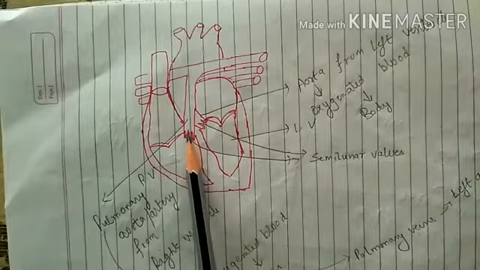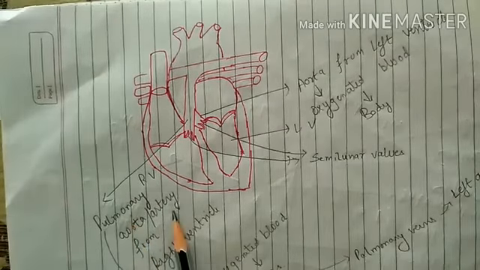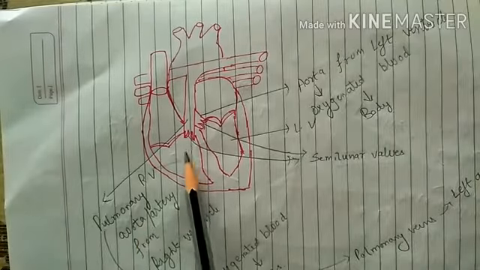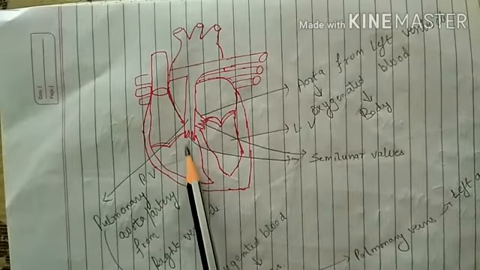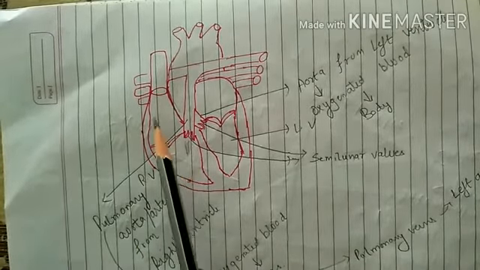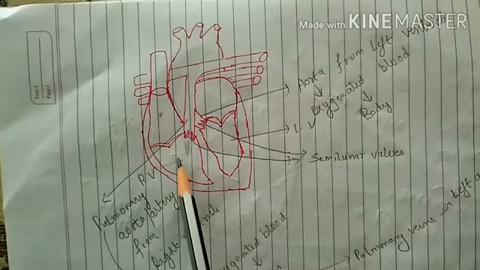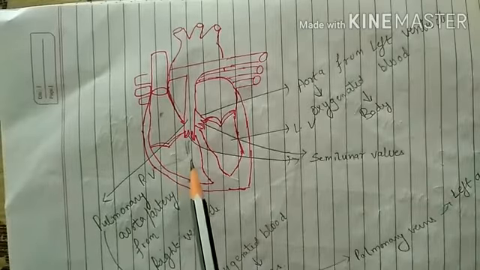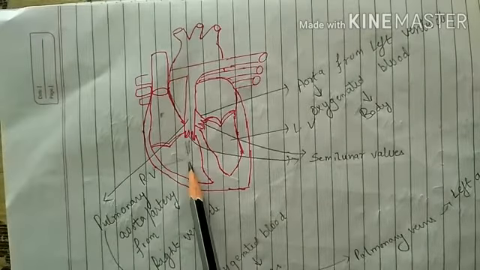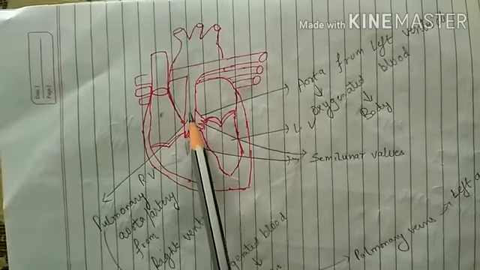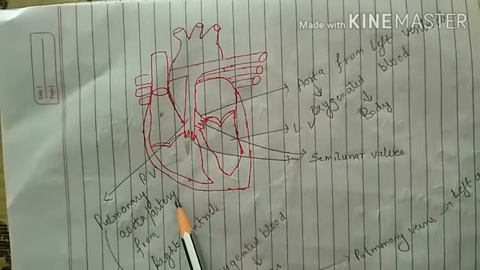The pulmonary aorta, which is also known as the pulmonary artery, arises from the right ventricle. The deoxygenated blood from the right auricle will enter the right ventricle, and finally from this right ventricle the blood will go into the pulmonary aorta.